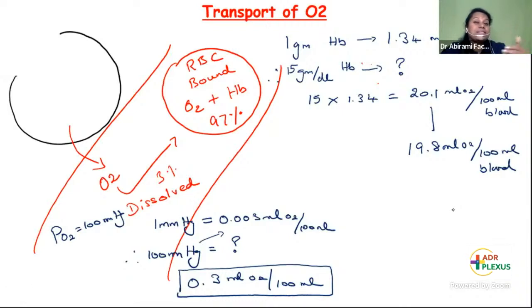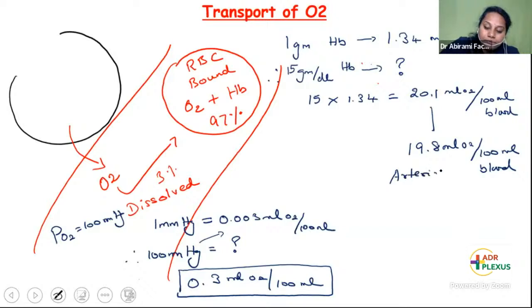So it is a little lesser than that, around 19.8 ml of oxygen per 100 ml. This is present in the arterial blood. This blood flows into the tissues, and from the tissues it drains into the veins.